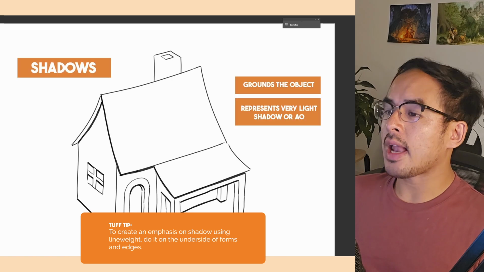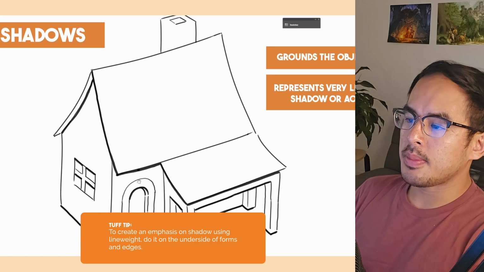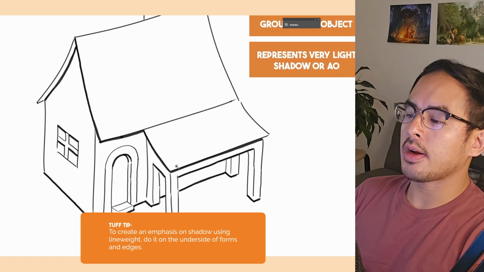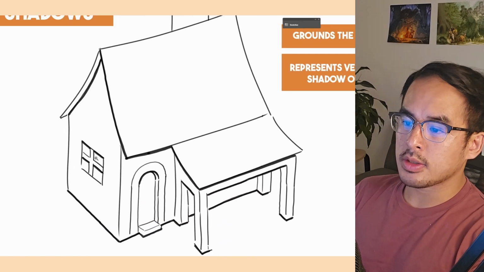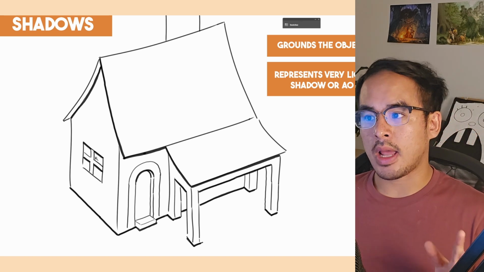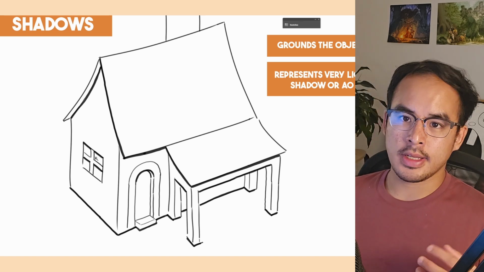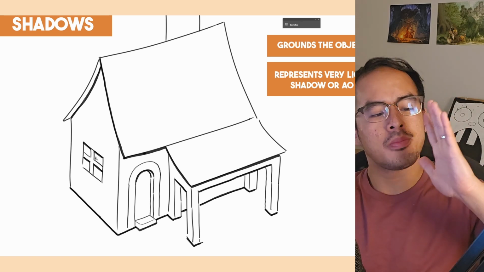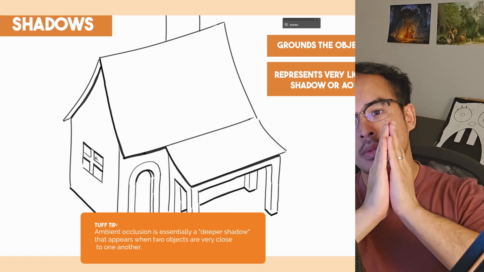So typically, I like to emphasize the undersides of objects. So you can see me doing that from the roof over here, the awning, even under the door frame and the windows as well. But on top of that, I represent ambient occlusion as well. What ambient occlusion is essentially is when two objects are very close to one another or touching.